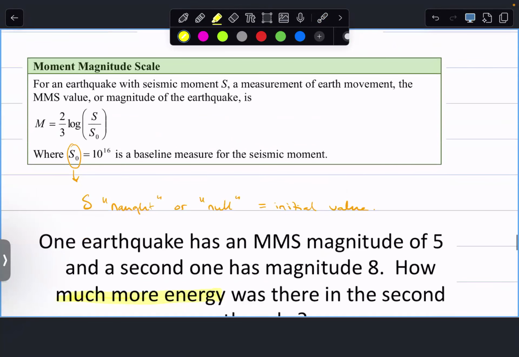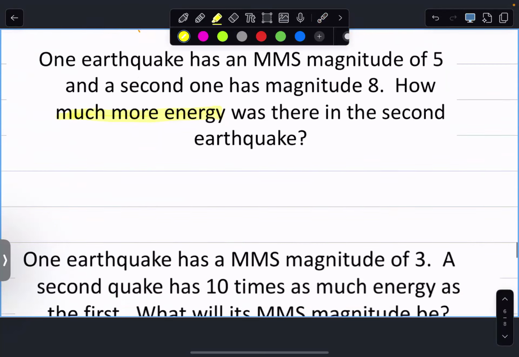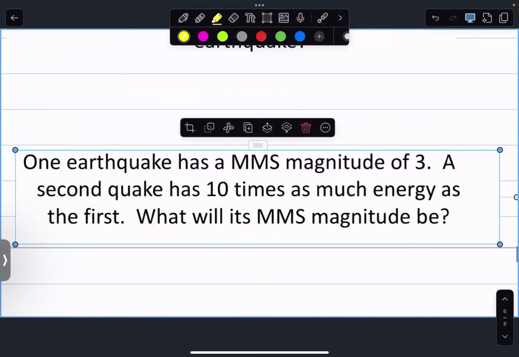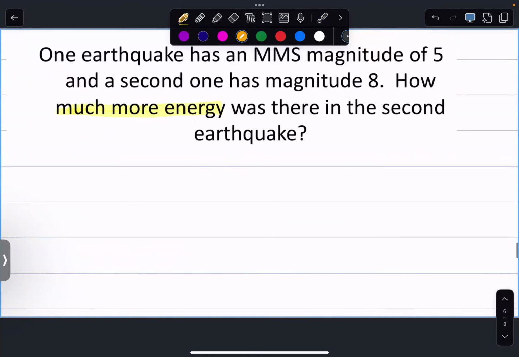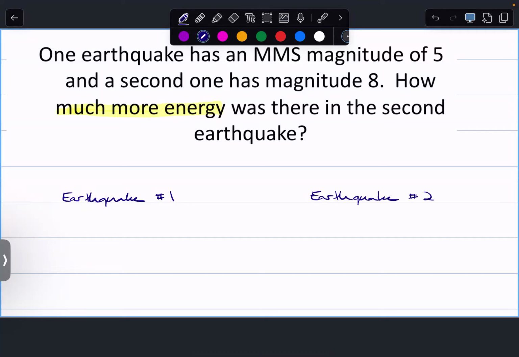We're given M for both of these, so let's just start with that. Let's start with earthquake number 1 and earthquake number 2.